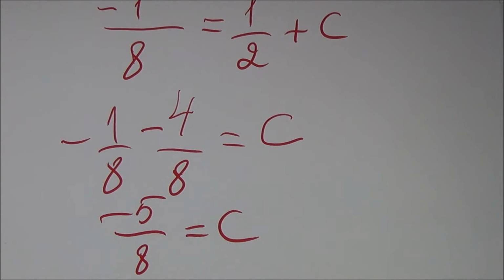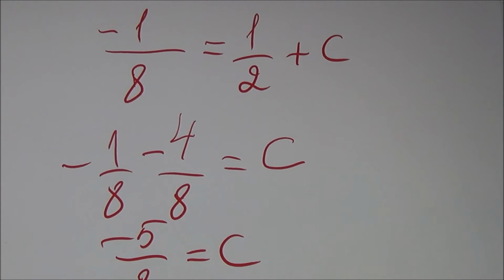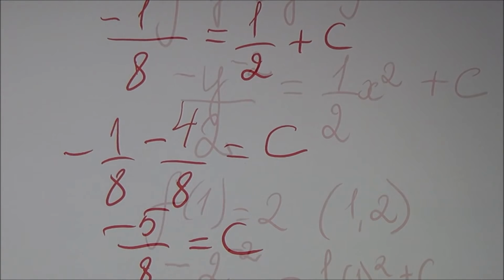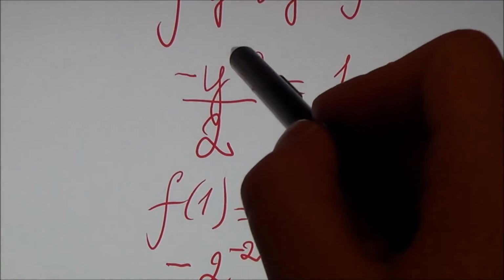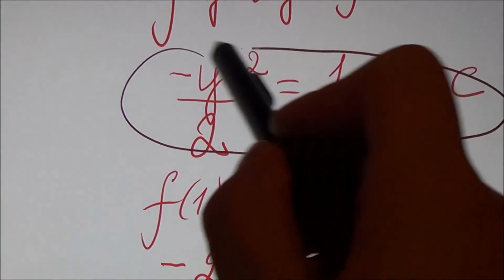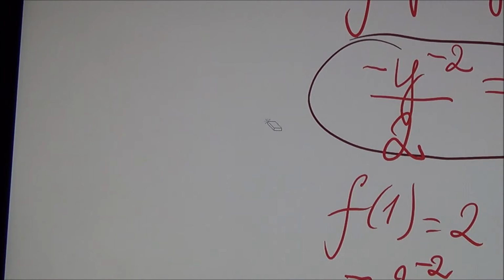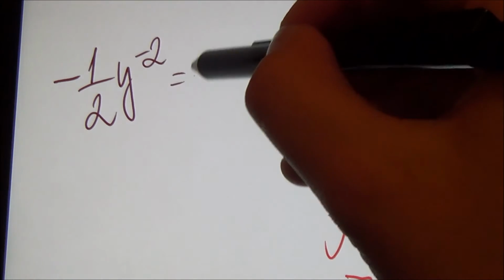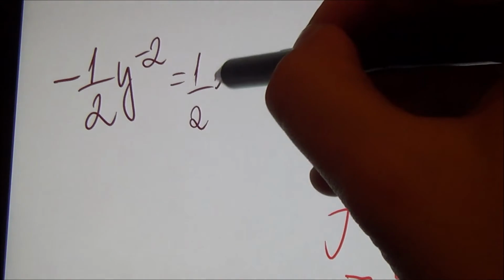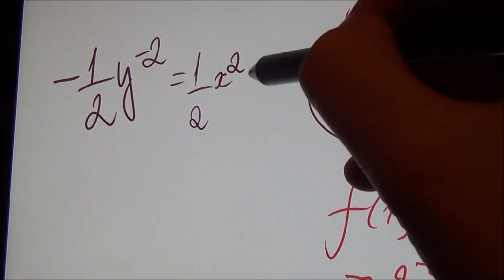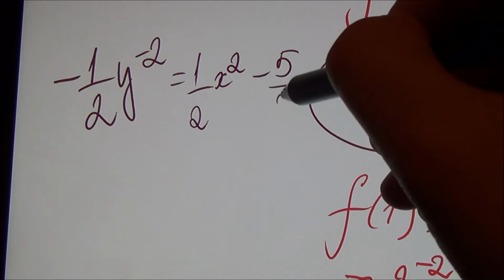Now we can plug it into the equation that we've got to get the original equation. So this is where we're going to plug in c and solve for y later. So plugging in c, we get negative 1/2 y to the negative second power is equal to 1/2 x squared minus 5/8.